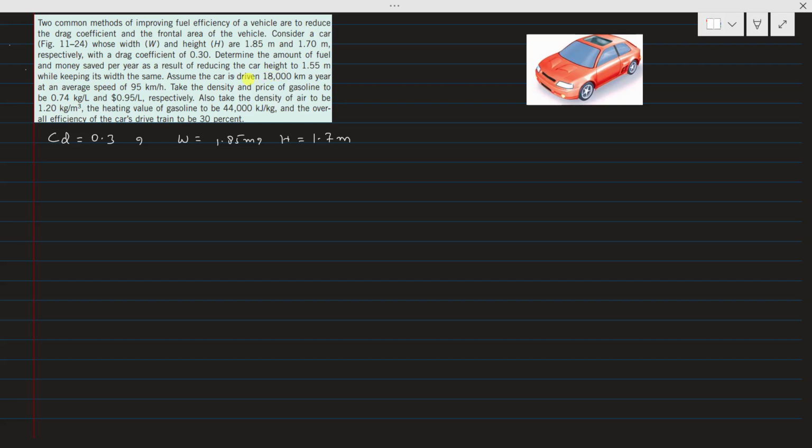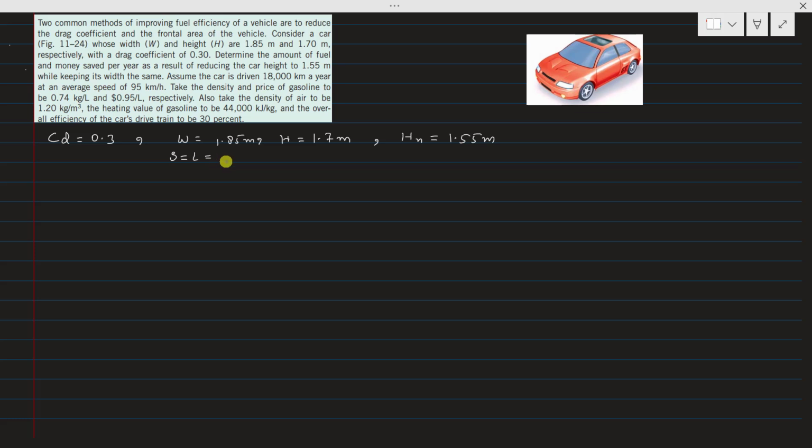Then the car is to have its height reduced, so let's say HN means H new. It is 1.55 meters.